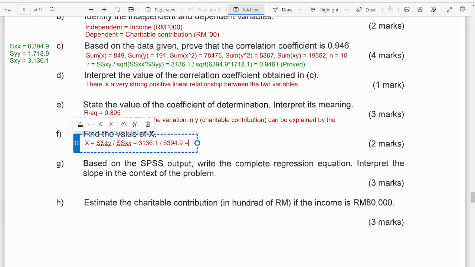So calculate this one, you should get the value to be 3136.1 divided by 6394.9. So you get this to be 0.49.